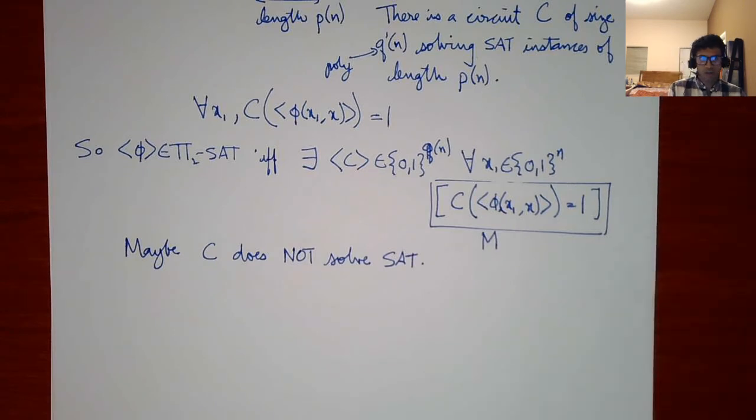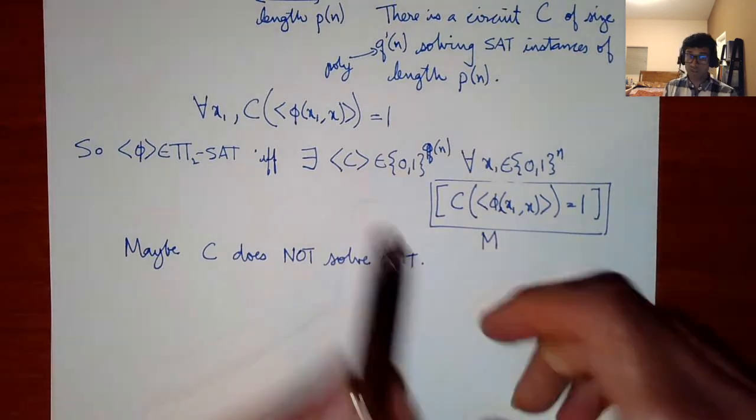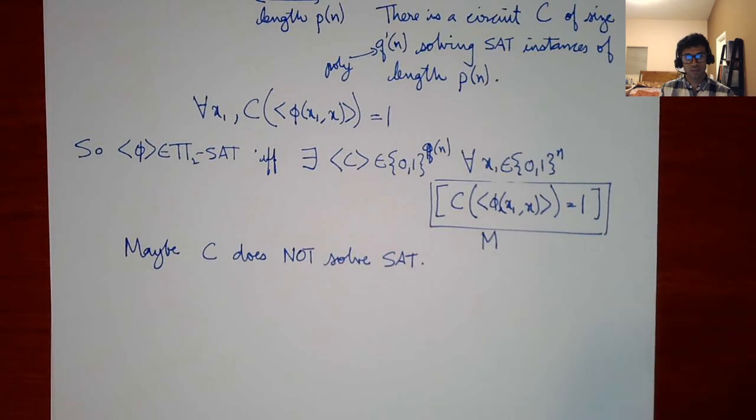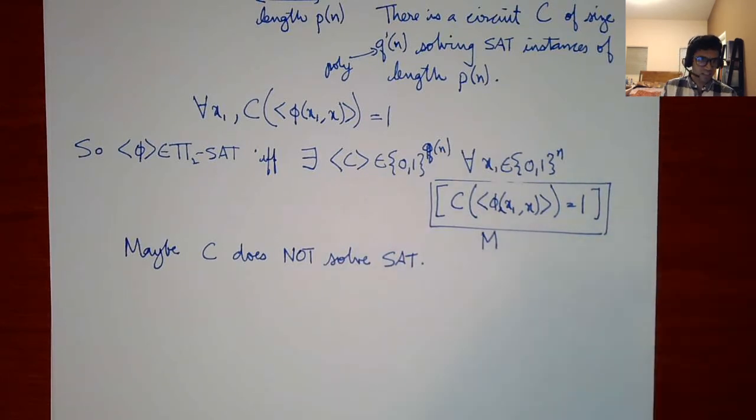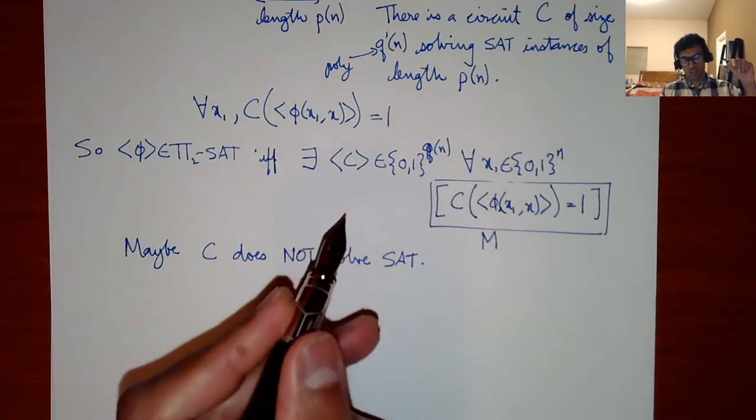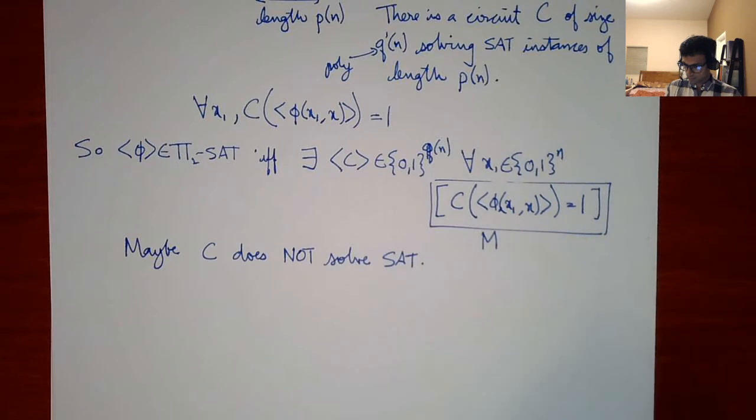Think of the non-determinism as an interaction with someone. The non-determinism is like a certificate, right? So there is a certificate, it's providing you the circuit. But the polynomial time machine has no way of verifying the certificate, where the certificate now is actually the circuit that solves SAT. Right?